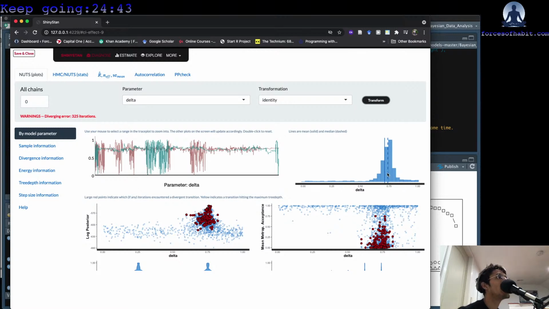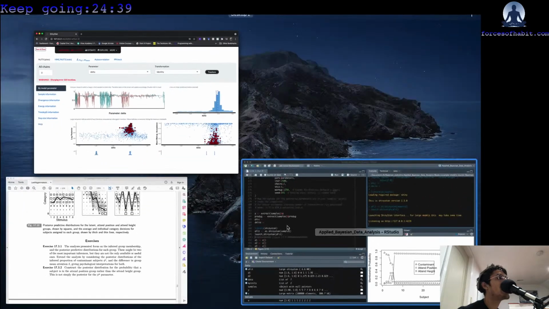And this is equal to the average difference between the two group means, right?